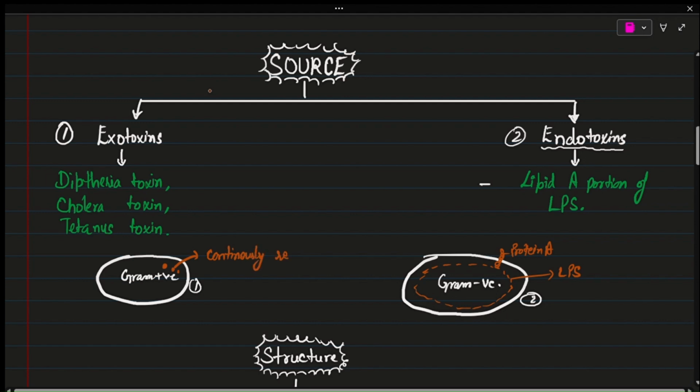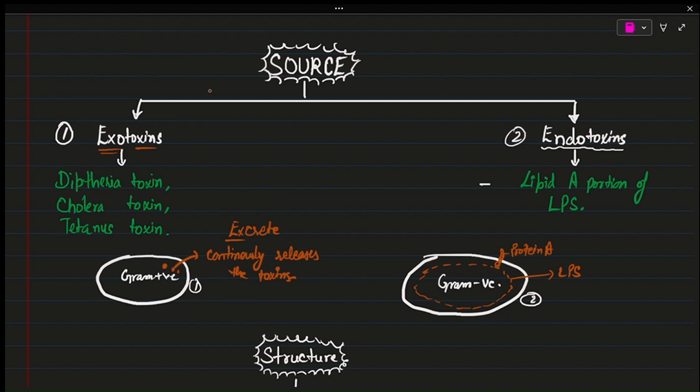So these toxins are basically exotoxins. Excrete, exo. Just remember it from this. Examples of exotoxins are diphtheria toxin, cholera toxin, and tetanus toxin. Different bacteria release these toxins.